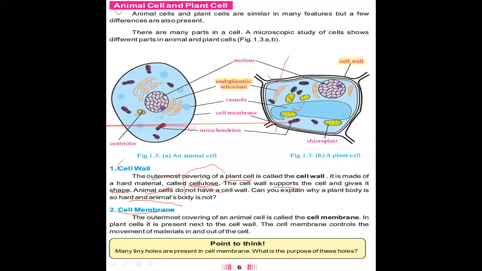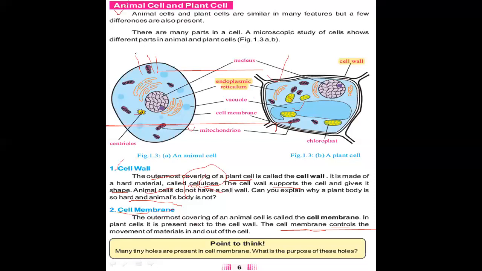Membrane means what? Membrane means a layer, a covering, and of what? Of cells. So cell membrane, what is its function? It controls the movement of materials in and out of the cell. For example, this is a cell. So cell membrane controls the movement of material inside and outside of the cell.